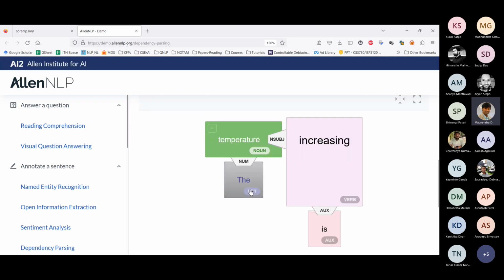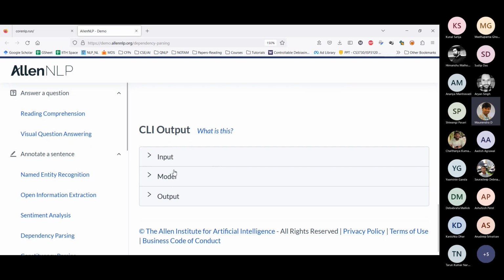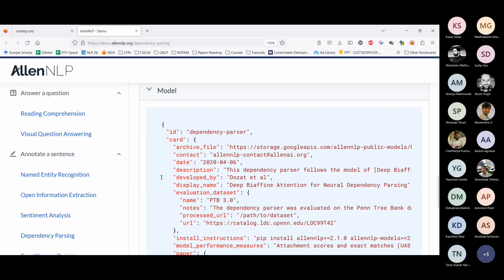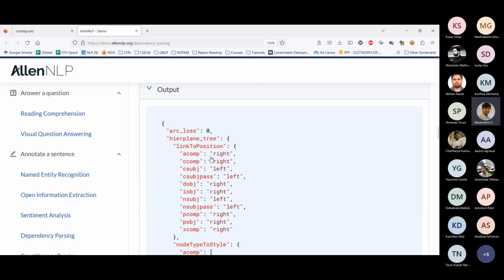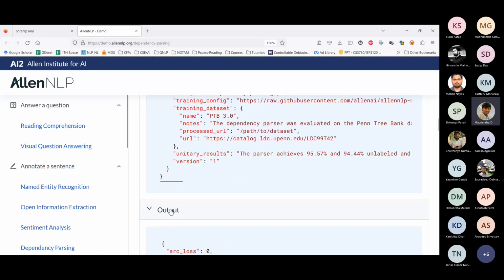And what you see here is determiner, noun, and subject. This is NUM. Okay, not very sure what this means. So the labels are actually getting different because this may be using a different set of dependency labels as opposed to CoreNLP. And again, they also have their APIs, and the outputs can be in different forms.